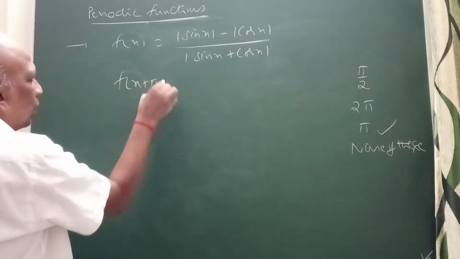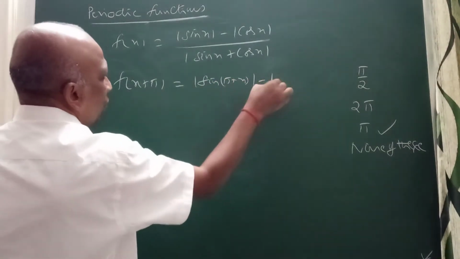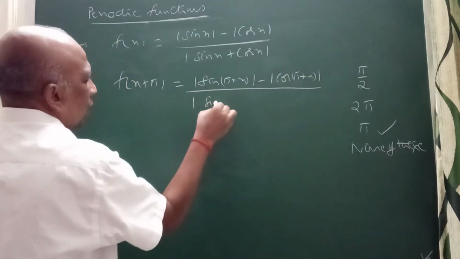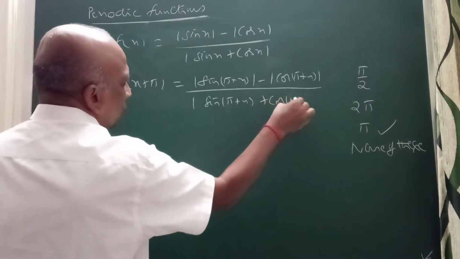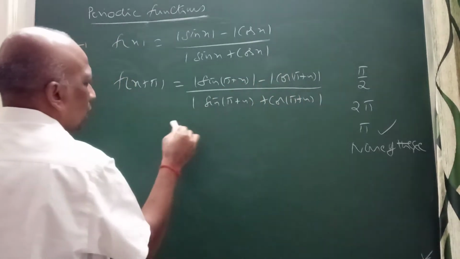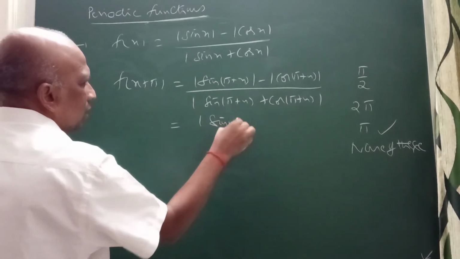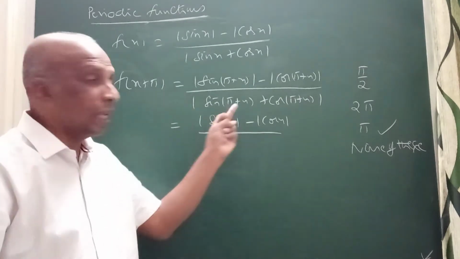f of x plus pi: mod sin of pi plus x, mod cos of pi plus x. You get sin of 180 plus x, cos of pi plus x. It gives the same thing. Mod sin x, mod cos x. Sin 180 plus x is minus sin x, minus cos x.